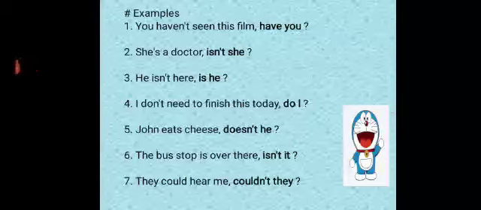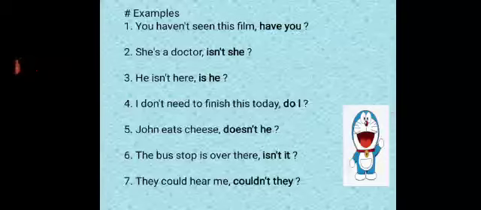Let's take one more example. John eats cheese. Doesn't he? Yes, he does. John eats cheese. Positive statement. Tag added negative. Doesn't he? Abbreviated form of does not he. Right. Take one more example. The bus stop is over there.